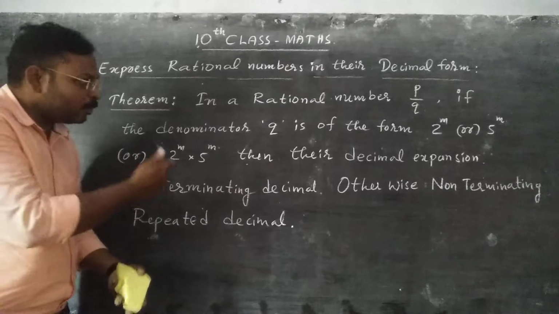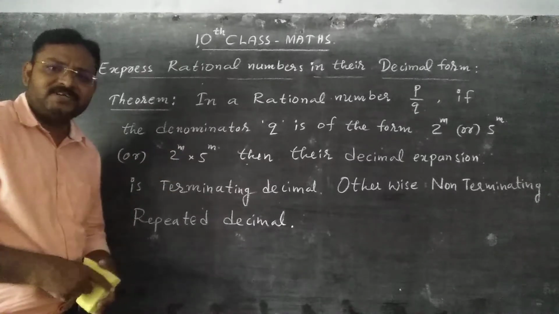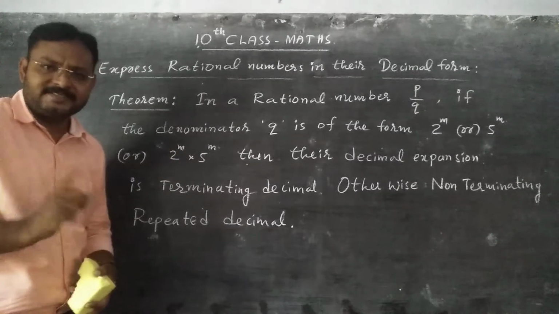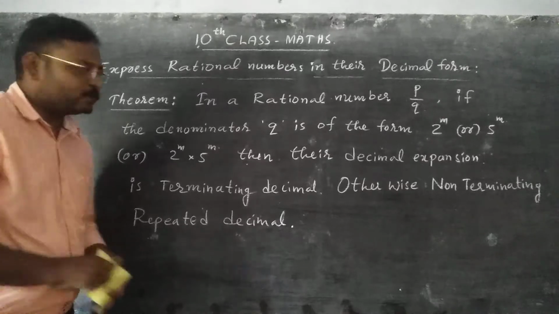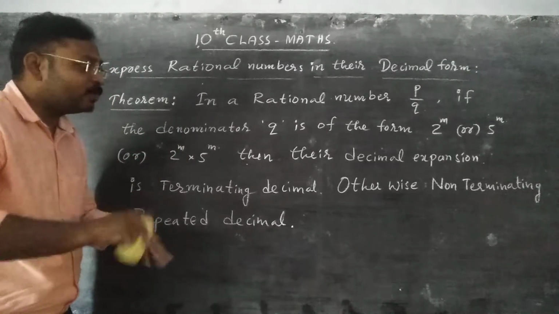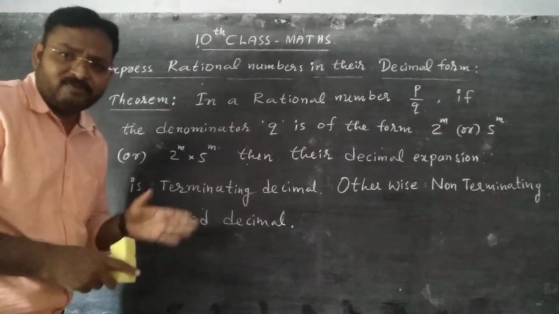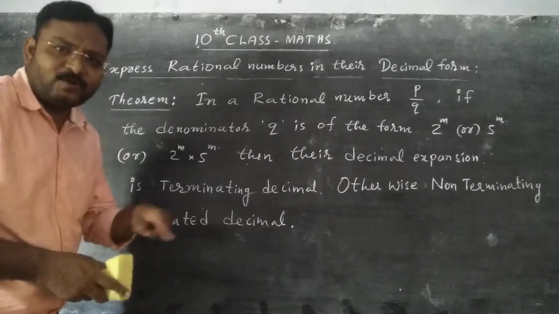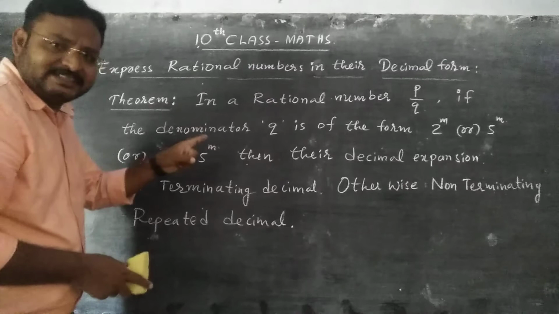Please note down this theorem in your classwork notebook, children. This is a most important theorem. Based on this theorem, we are now going to solve problems without actual division.